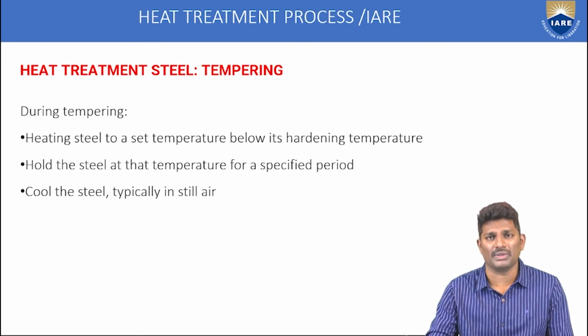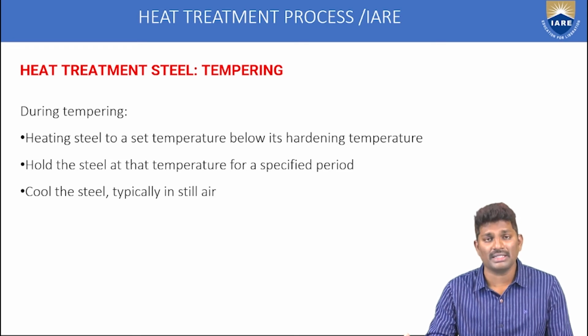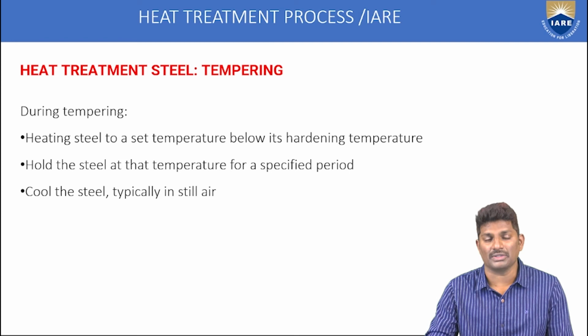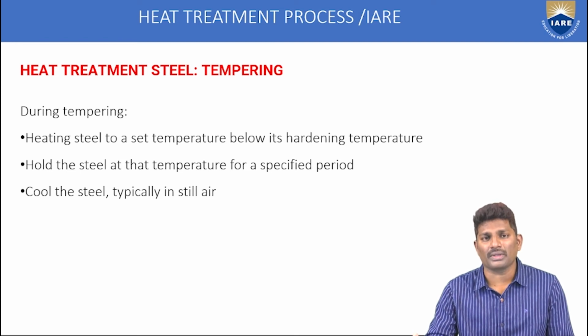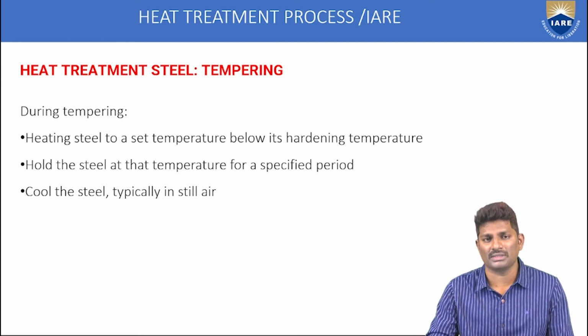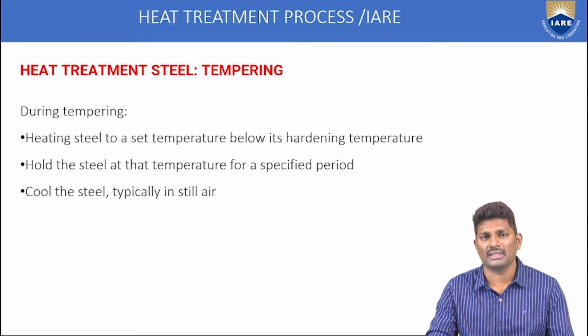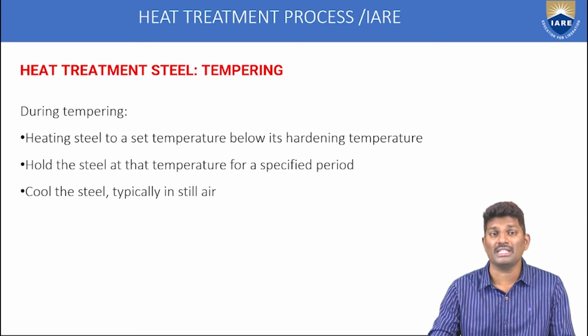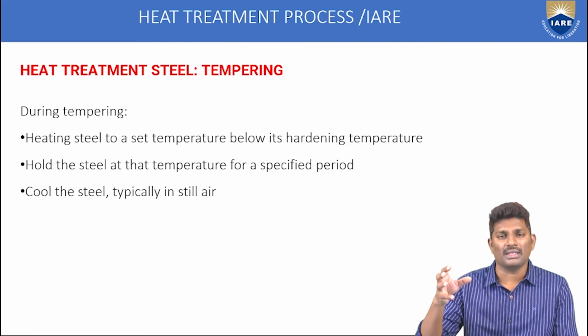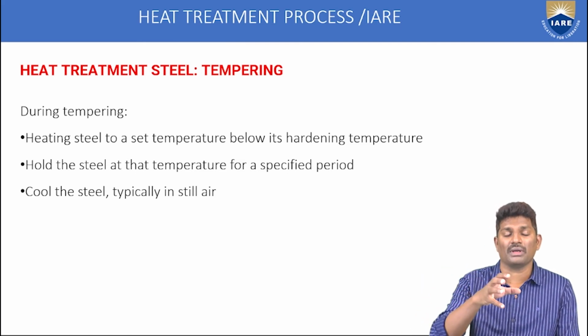So what happens during this tempering process means heating steel to a certain temperature below its hardening temperature. Though it is a heat treatment process called tempering, this temperature has to be reached below the hardening temperature only. What is the hardening temperature? Again, these hardening temperatures vary with the material.